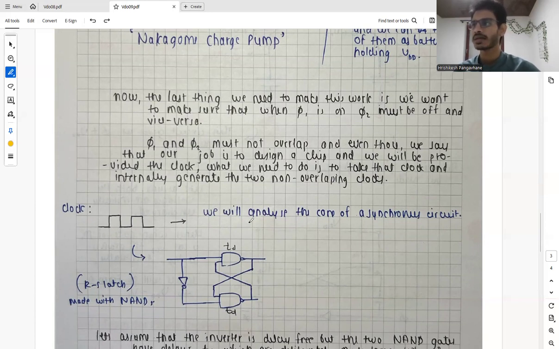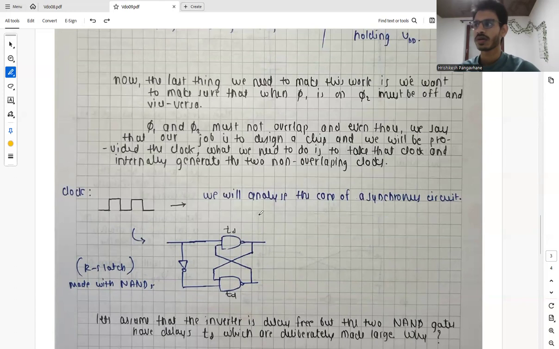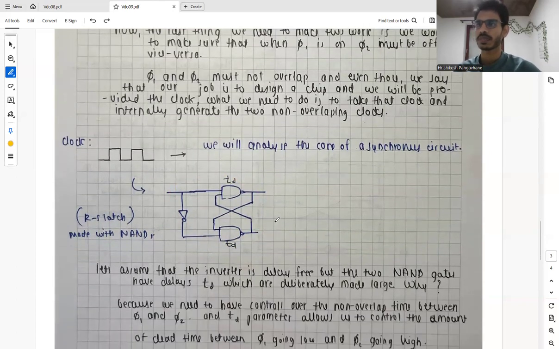So we will analyze the core of an asynchronous circuit to generate two non-overlapping clocks. So we have an SR or RS latch, and this latch is made with NAND gates. So we have our clock like this, and we have two NAND gates arranged in this format.